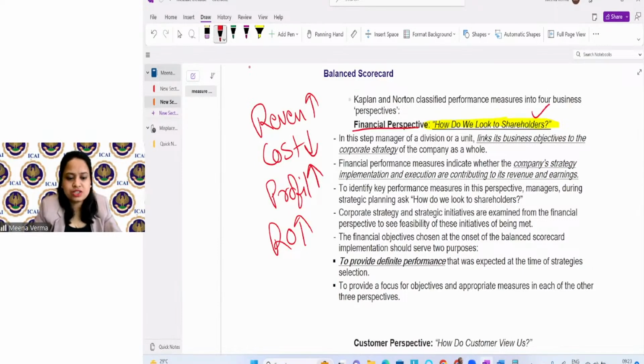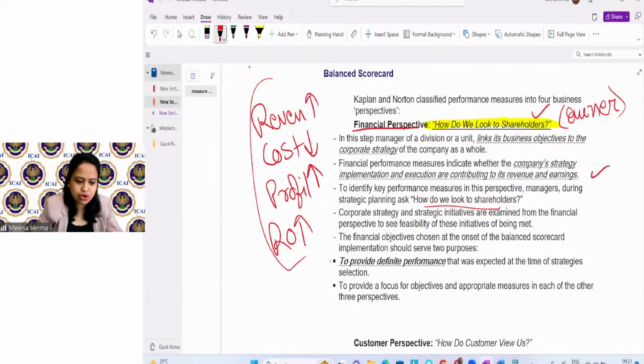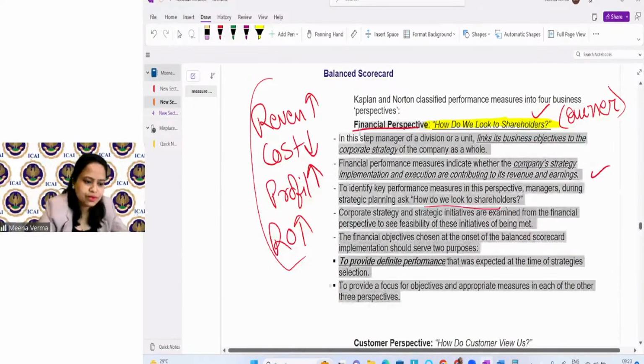You can see it is for the shareholder, because it is for the owner. The owner wants to improve the profitability, right? So who is interested in improving the profitability? The owner is interested. Right? You can see how we look to the shareholders, whether we are improving all these things or not, right? You will measure it from the financial perspective. Now next.